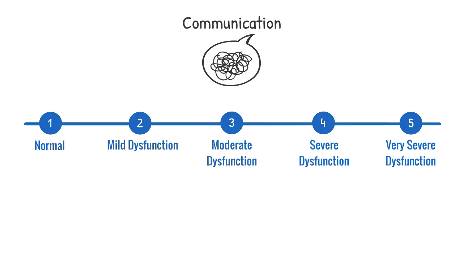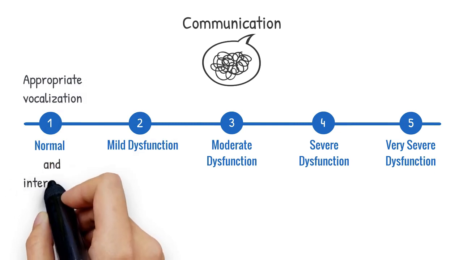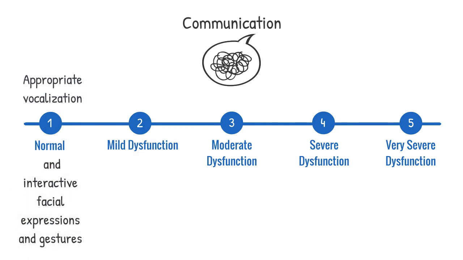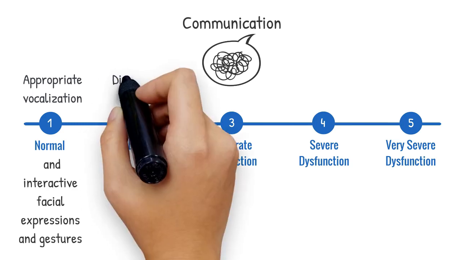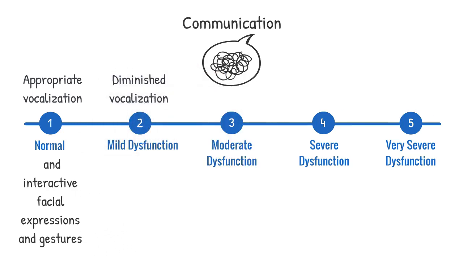The third domain is communication. Normal communication refers to appropriate vocalization and interactive facial expressions. If there is no mention of communication problems, assume the child is normal. A child is scored as 2 if there is diminished vocalization and/or diminished social expressions, whether they be facial or verbal.